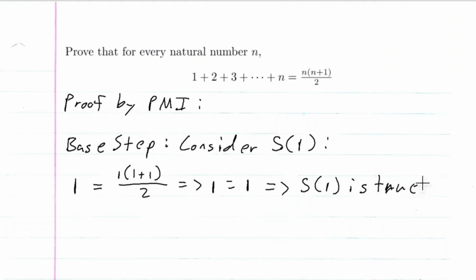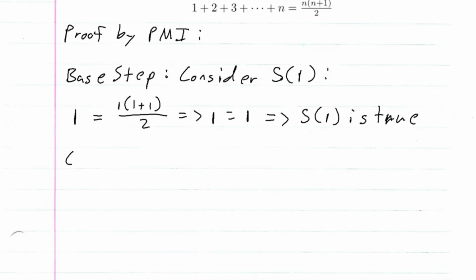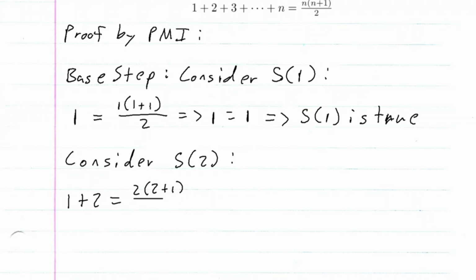Right? Now, let's go ahead and consider S of 2, just to make sure that this is all good, right? So consider the statement revolving around 2. This means the sum of the first two terms has to be equal to this formula if you were to plug in 2. So that's 2 times 2 plus 1 all over 2.